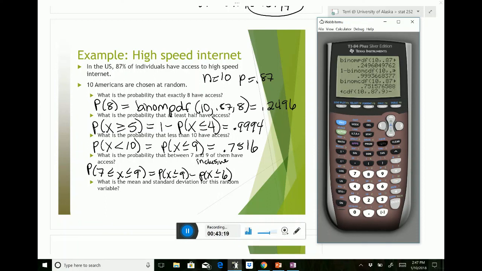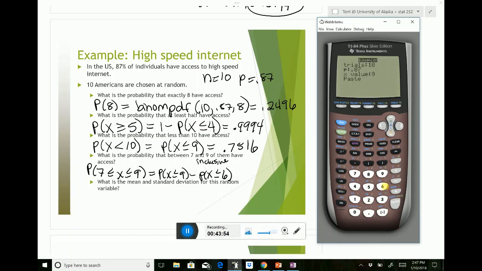And I'm going to go back to distributions, alpha B, enter, minus, I'm going to be careful this time, alpha, apps, there we go.